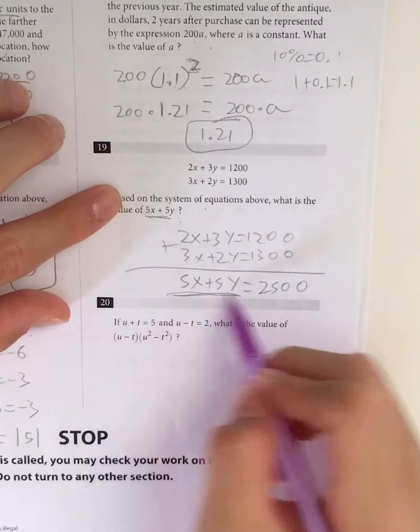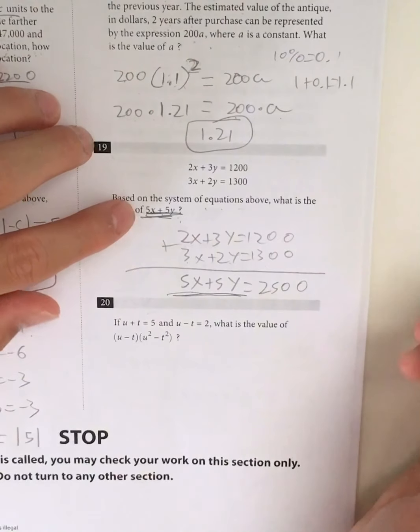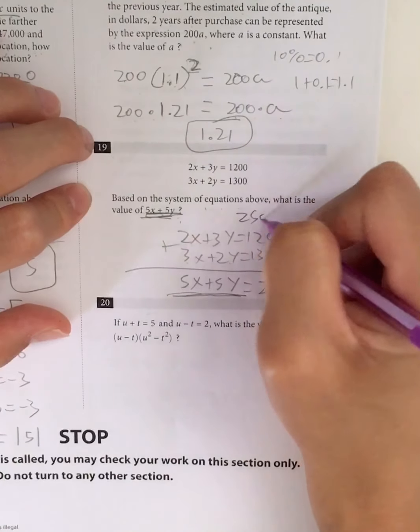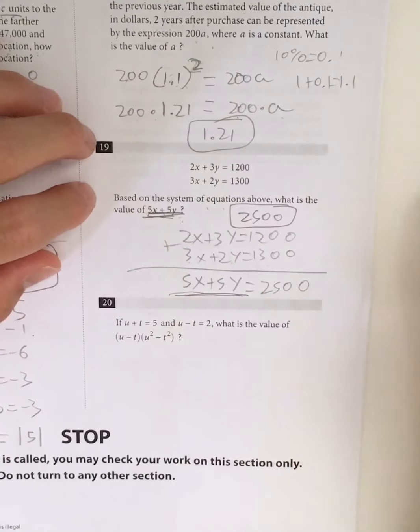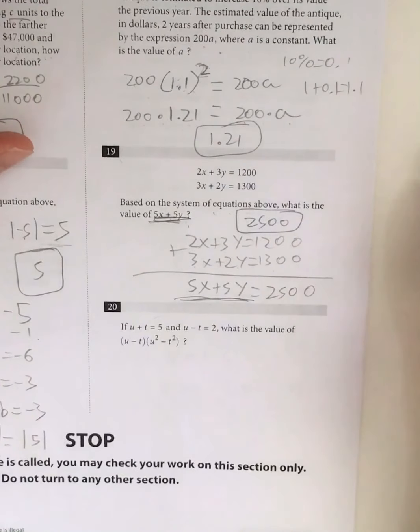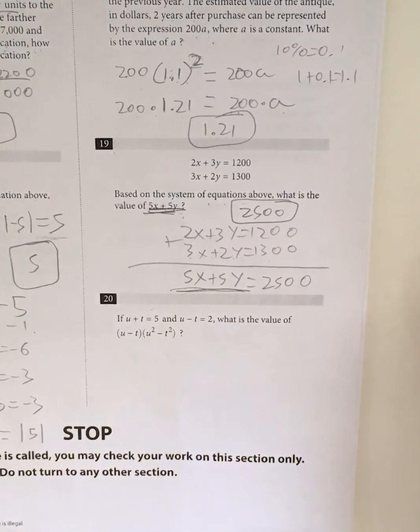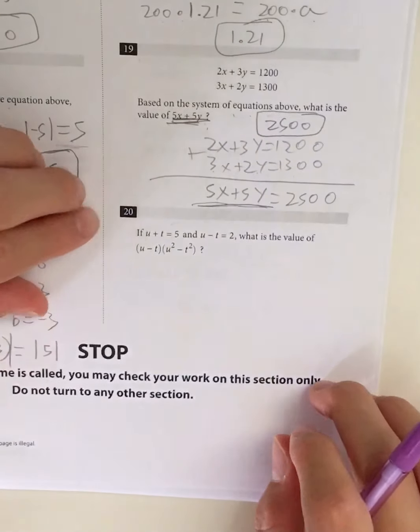Look, 5x plus 5y. What are they asking for? 5x plus 5y. Wow. Wasn't that easy? Probably the second easiest question on the whole test, besides for that one question to ask for f of 0. Alright, these questions should be automatically correct questions. You guys can't be getting these questions wrong. And now let's move on to the last question.